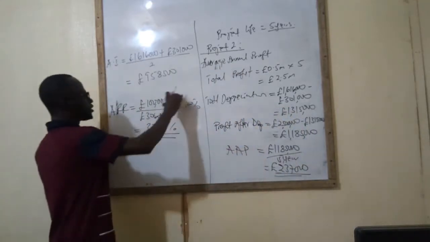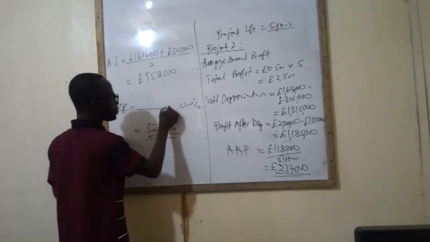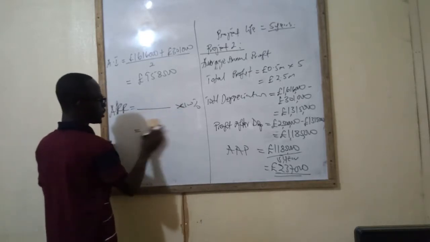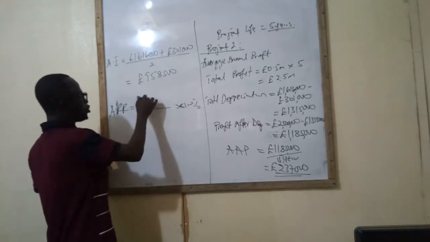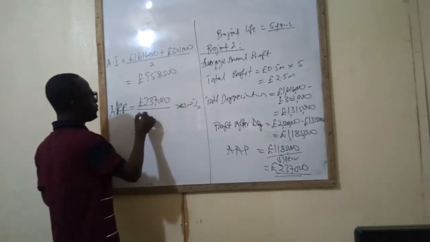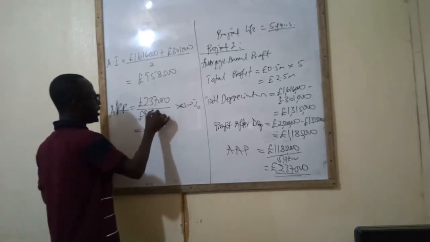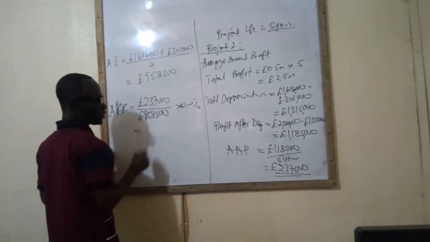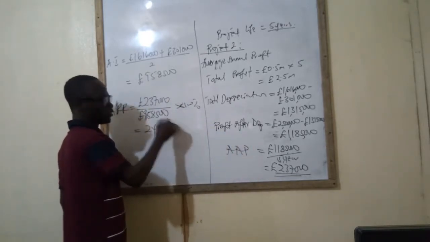So now we can substitute these two and then get our answer. So when we substitute, it's going to be 237,000 pounds divided by 958,500 pounds times 100. And that is going to be 24.7%.